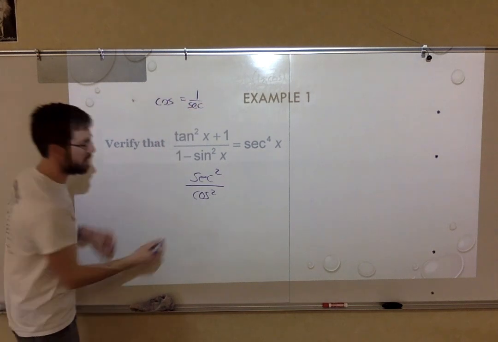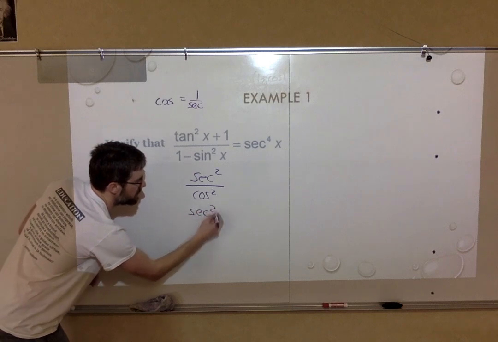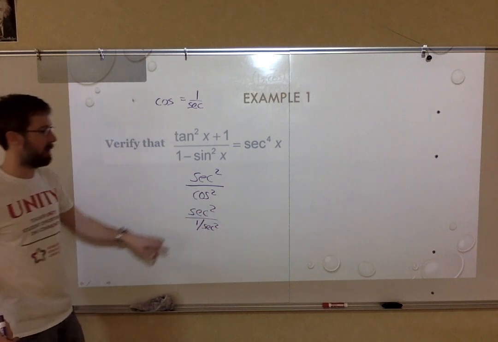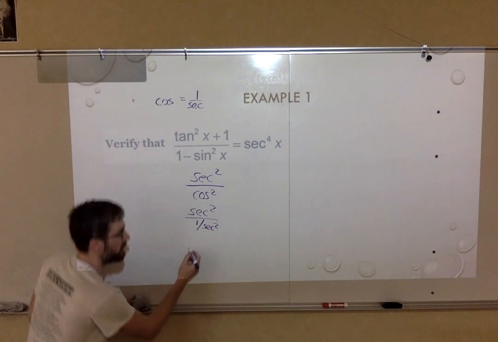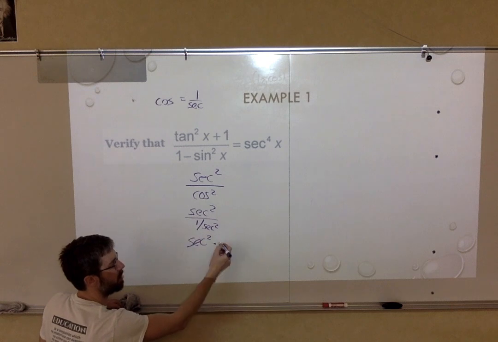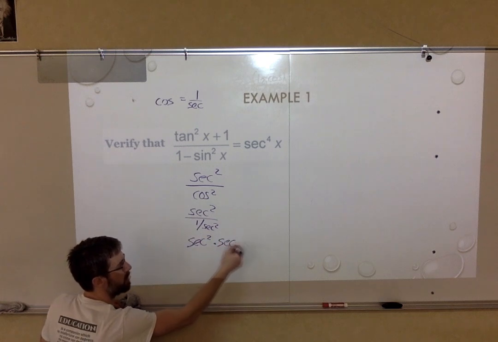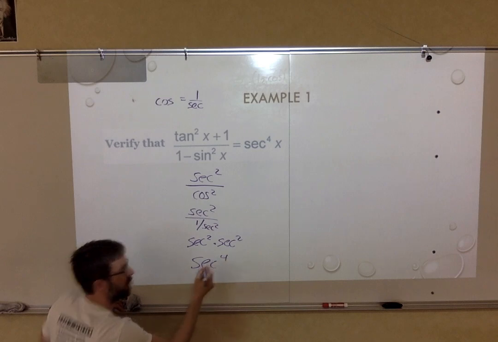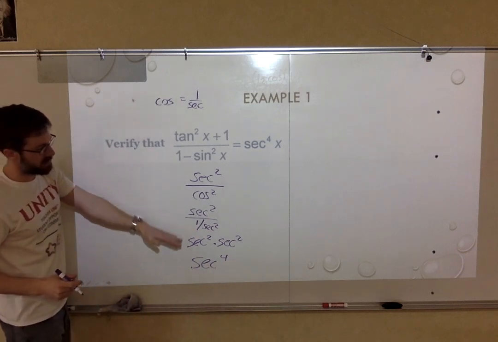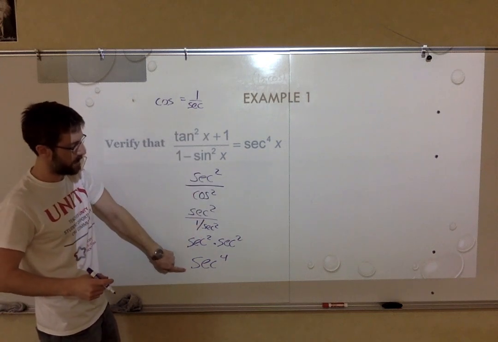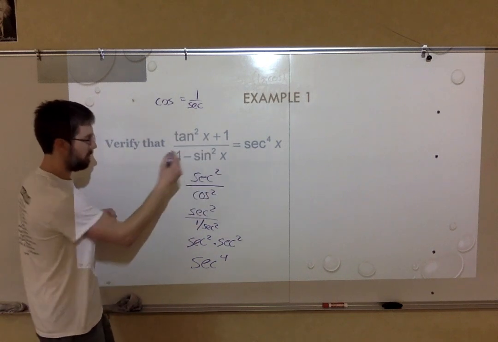And so if I change this, secant squared over 1 over secant squared, now I can do keep change flip here, and it's secant squared times secant squared over 1. So it's really secant squared times secant squared, which is secant to the fourth. Now I've shown step by step why these two things are equal. I got this side to match this side, so boom, I'm done.